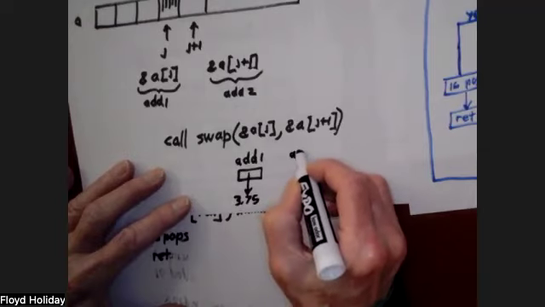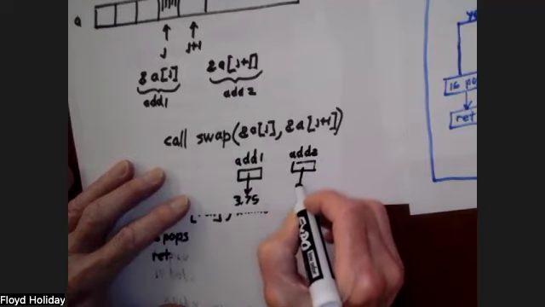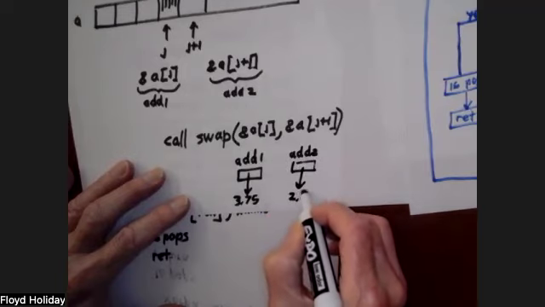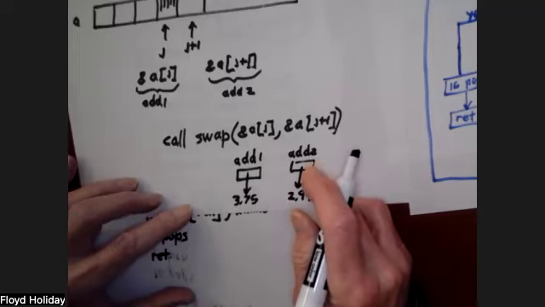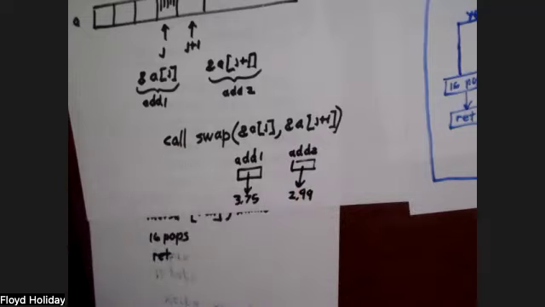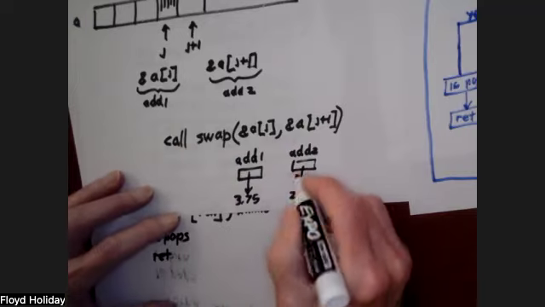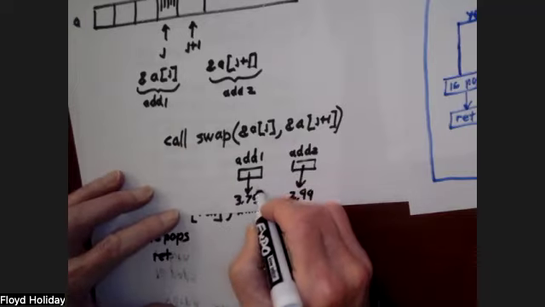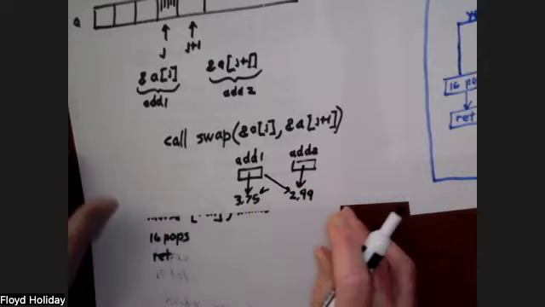Here's address 2, and it points to a float number, 2.99. What I did was dereference this and move it over to XMMs and then change their values there. Why don't we just change the value so that this one points over here and this one points over there? If it's simpler.